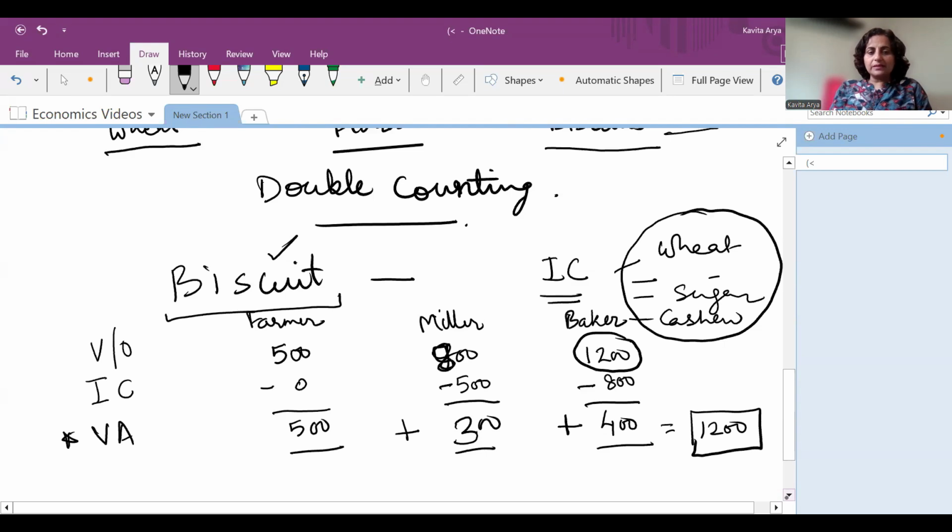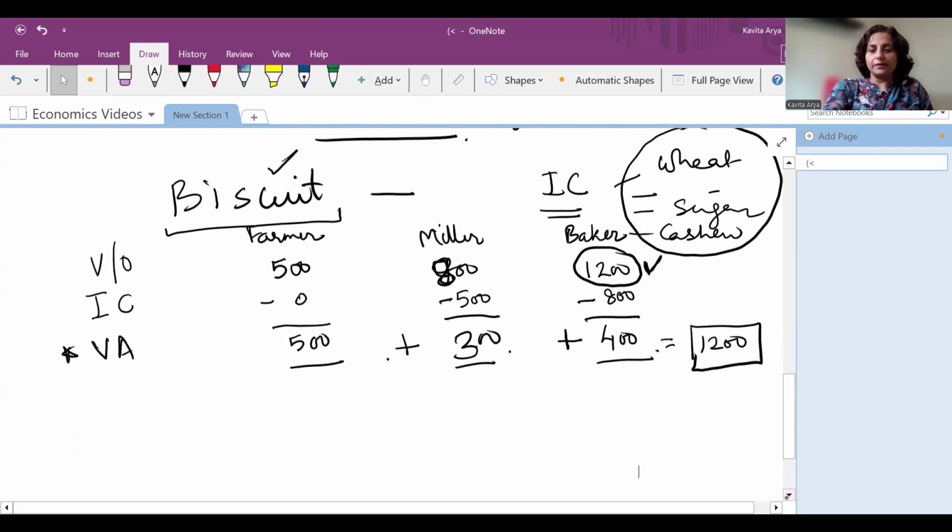One is either take only the value added at all the stages, that is 500 plus 300 plus 400 to make it 1200, or you just take the value of output at the final stage, that is the value of final good. Here we are not at all taking any values of intermediate goods. I hope this is clear to you with this numerical example.